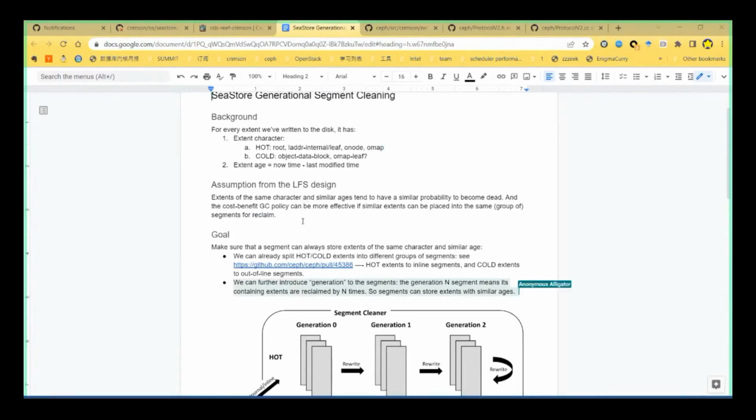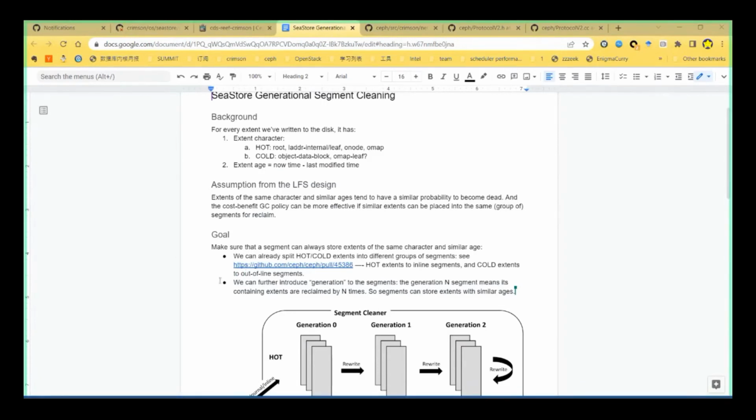And from the paper, there is a cost benefit garbage collection policy that will be more effective if we can achieve that goal to place similar extents into the same segment for reclaim. So that comes to this design doc. The goal is to make sure that a segment can always store extents of the same character and similar ages.